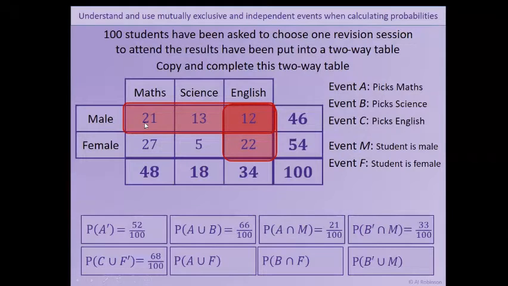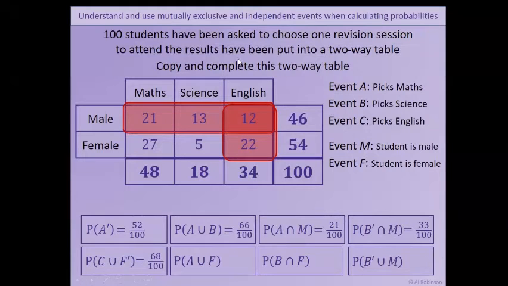So it is 68. So 2, 3, 4. So that's 46. 46 plus 22. So we've added all of these together, but it says the not female. Can anyone see if they've made a mistake, or do we agree with it?